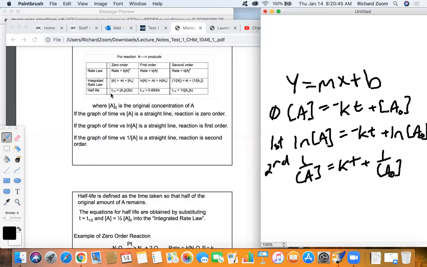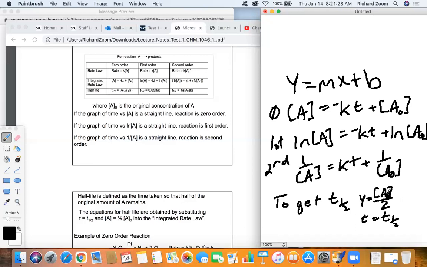And we actually have these equations here. And in each instance, what we've done to get that half-life equation, I'm not going to do the math here, but what we've done is set Y to be A0 divided by 2, and the time is going to be simply the half-life then.